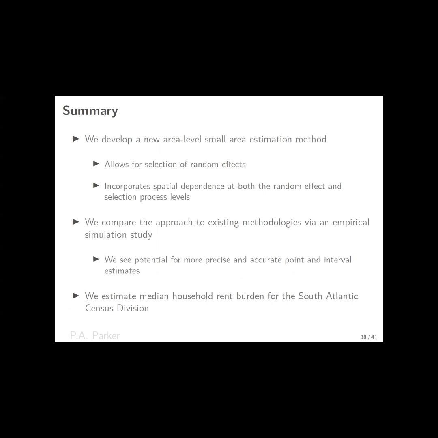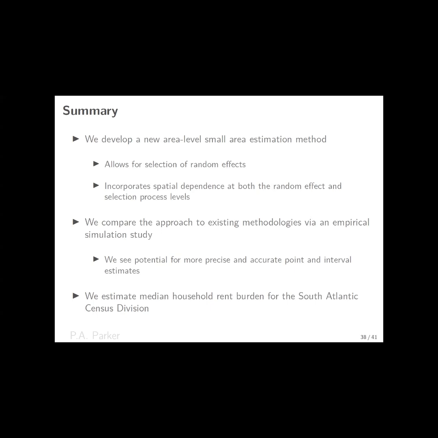So to summarize what we did here. We developed this new small area estimation method. It's an area level method. And it addresses two criticisms. It allows for selection of random effects, which can improve model predictions. And it also incorporates spatial dependence. And specifically, we incorporated spatial dependence at two different levels, at that random effect level and also at the selection process level.